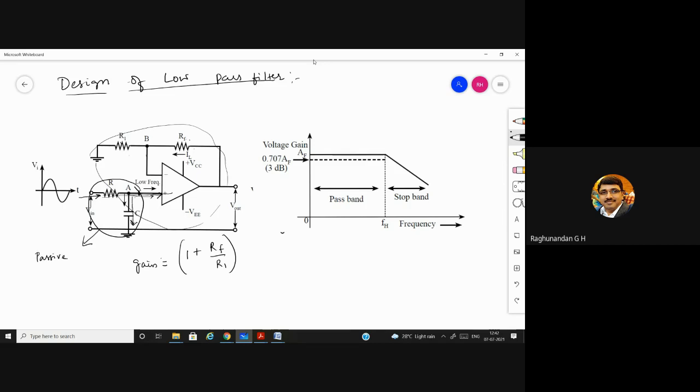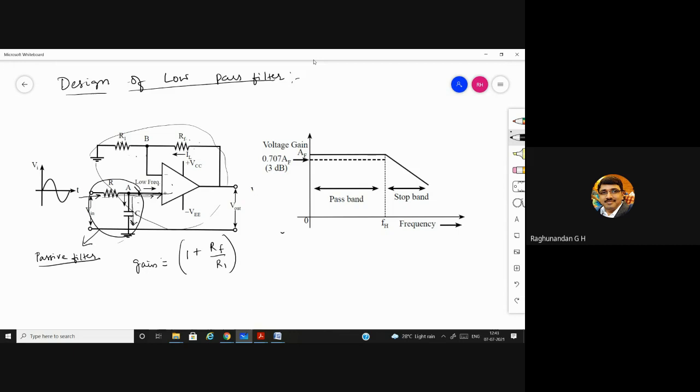If you just consider this resistor and capacitor, it is a passive filter. When you add an op amp to this passive filter, then it becomes an active filter. If you have just resistor and capacitor without this op amp, then it will be a passive filter. When you add an active element like an op amp to this, then it becomes an active filter. And RF and R1 are the two resistors which are going to add some gain to the input signal, and it is going to give it as output.